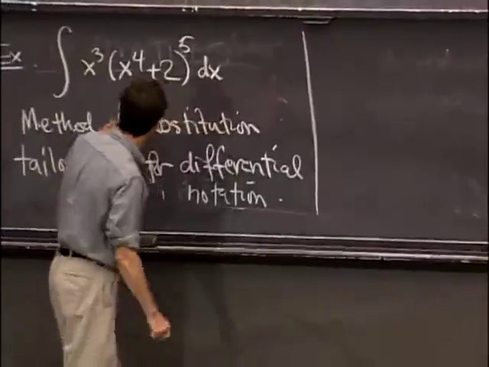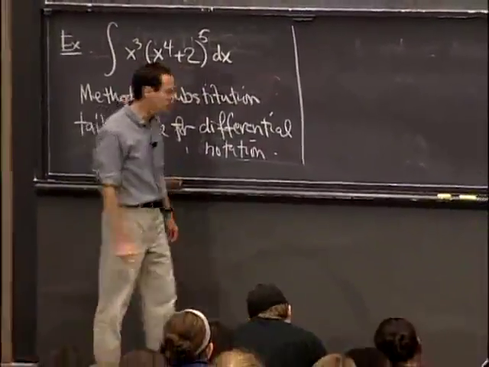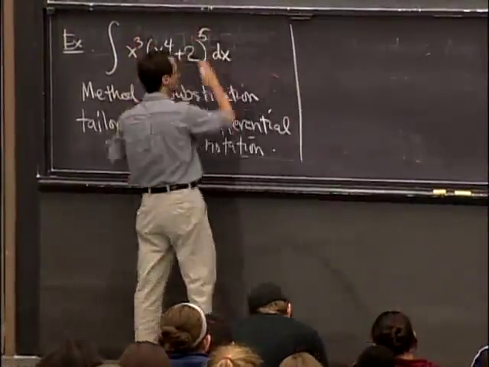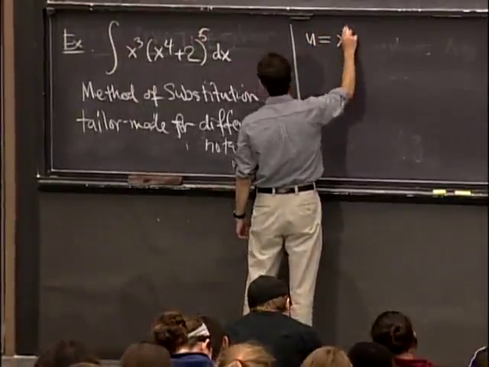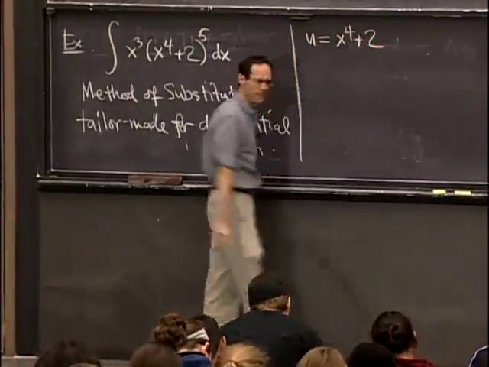The idea is the following. I'm going to define a new function, and it's the sort of messiest function that I see here. It's u is equal to x to the fourth plus 2.